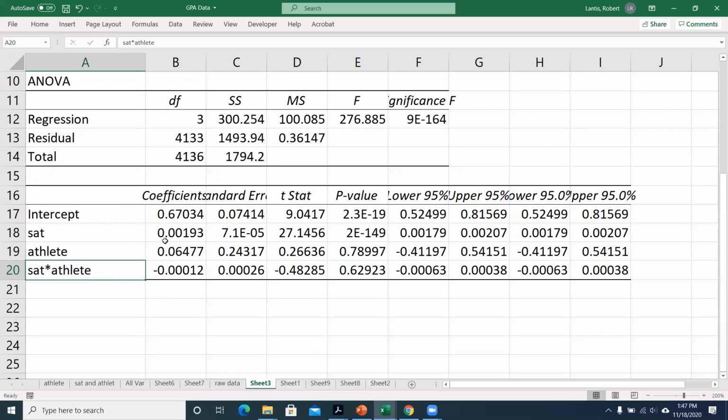So the total effect on GPA here for athletes would be the coefficient for the SAT score plus the coefficient for the interaction term. Notice that's going to be a little bit lower than the slope of the line between SAT scores and GPAs for non-athletes. Okay? So this is how you would include an interaction term in Excel: you create this new column, throw it into your regression, and then you've got your coefficients there you can start to interpret. Okay?